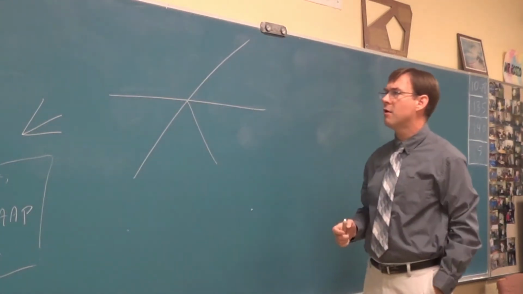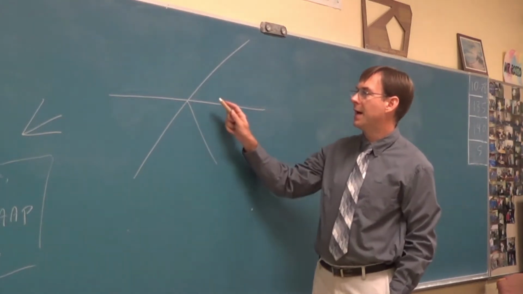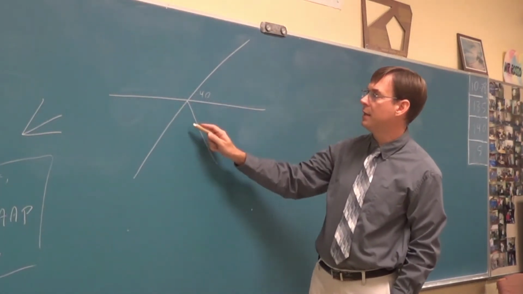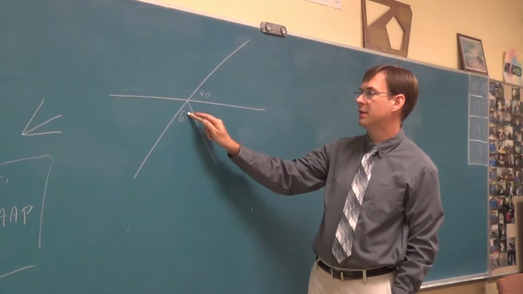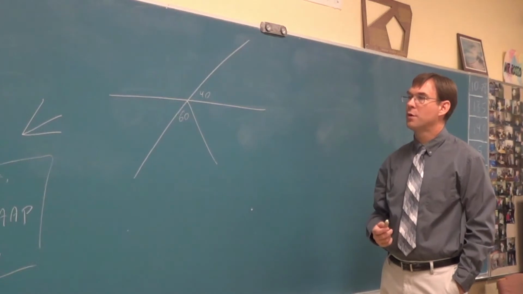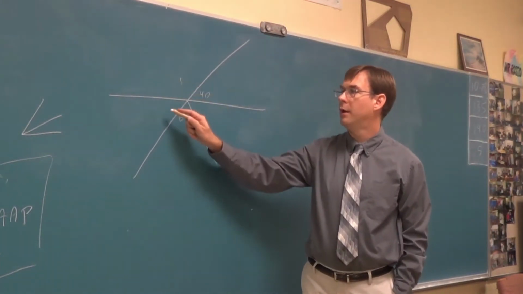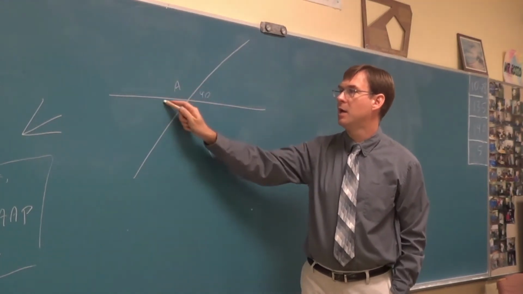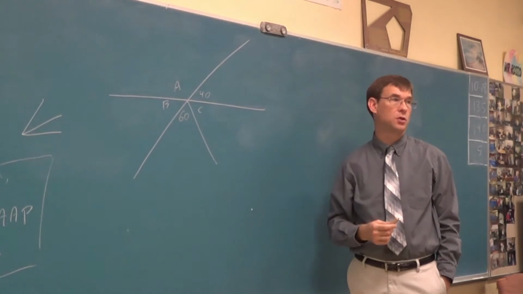We can do stuff with that. Okay, so if I go through here and I say 40 and, I don't know, 60. I'll go letters, A, B, C. Can anybody tell me what anything else would be?